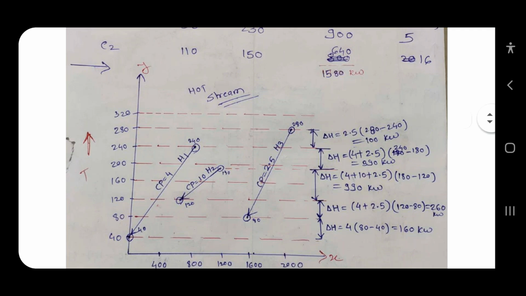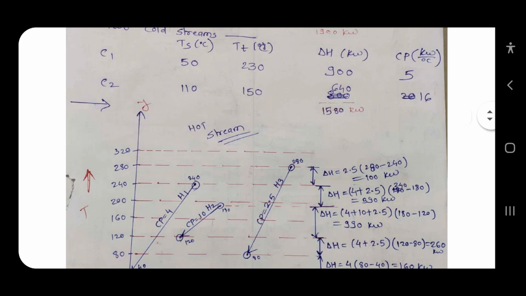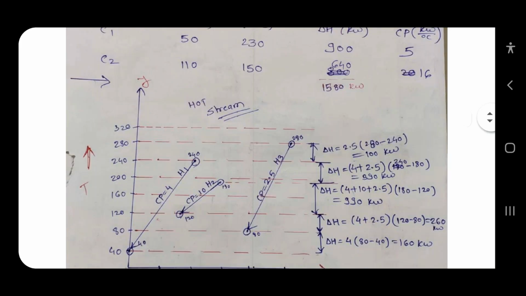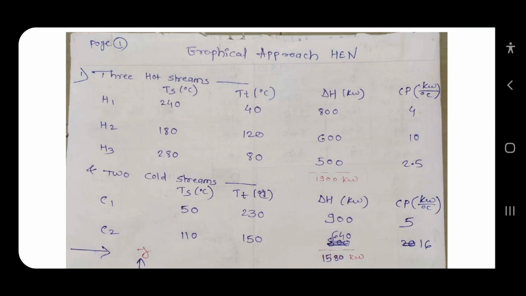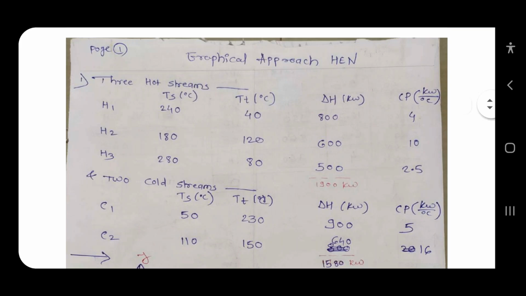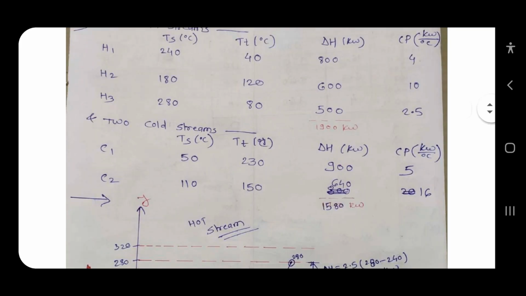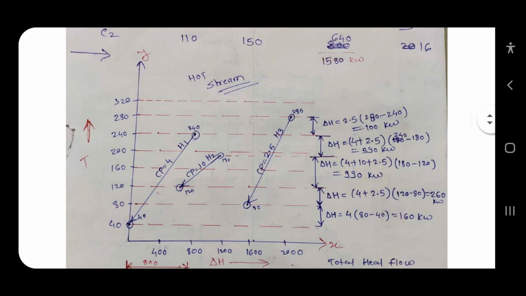Then the y-axis indicates temperature in degrees Celsius or Kelvin. Here the problem statement gives 240 to 40, 180 to 120, and 280 to 80 for the hot streams. First of all, we will start with the hot streams only. How do we plot first?